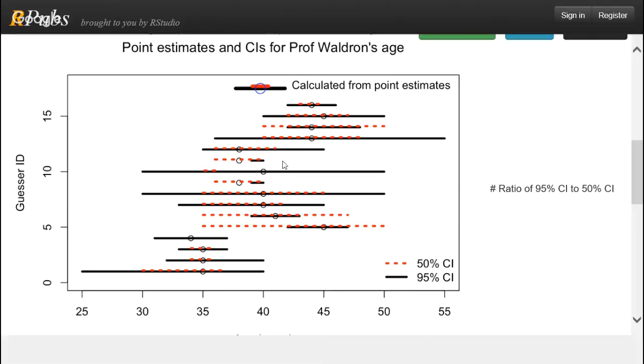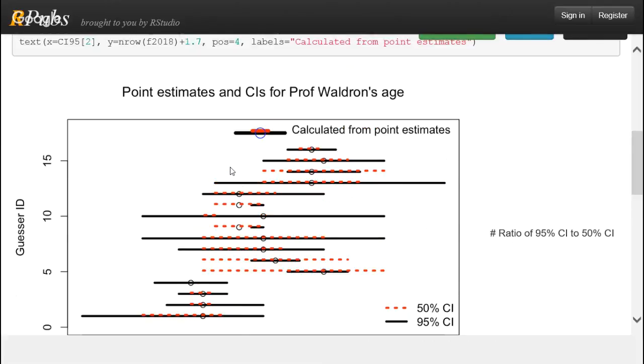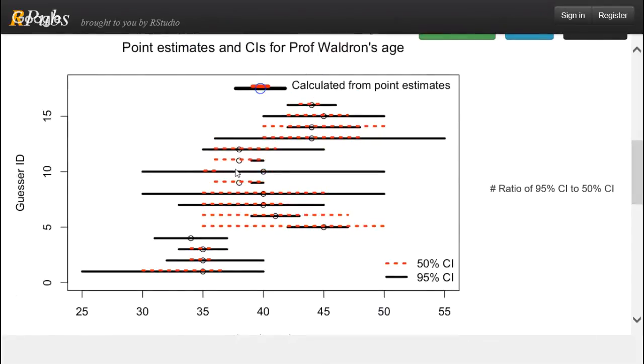Sorry? The point estimate is not within 50%. Yeah, the 50% confidence interval does not contain the point estimate. So it's like the 50% confidence interval is just from like 35 to 36 years old, even though my most likely age is 40. So it doesn't really make sense.